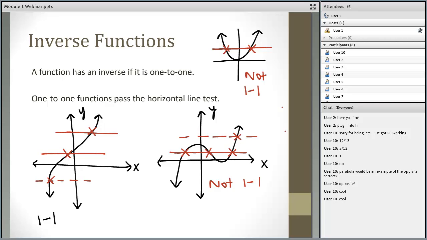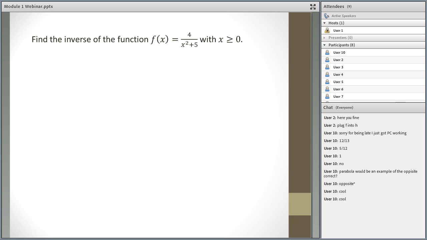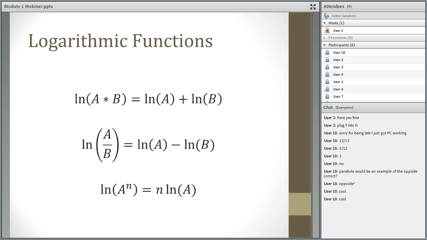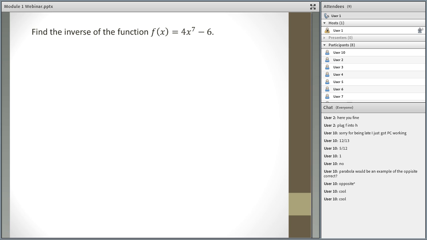So, how to find the inverse of a function? I have this example, but I think I would rather do this one first. I think this one's a little easier, and we should probably start with the easier one. So to find the inverse of a function, we have f of x equals 4x to the 7 minus 6.